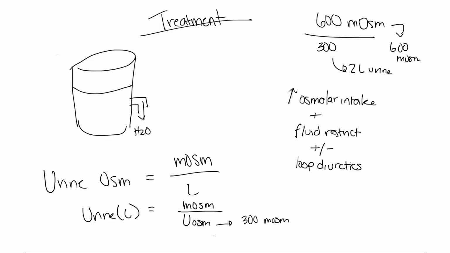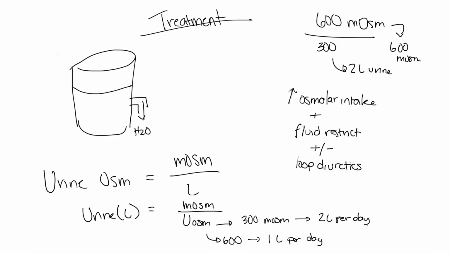So if they were previously 600, and we were only peeing 1 liter per day because we were eating 600 milliosms per day, but now my urine osm has decreased to 300 milliosms and I'm still eating my 600 milliosms per day, well, now I'll start peeing 2 liters per day of urine.